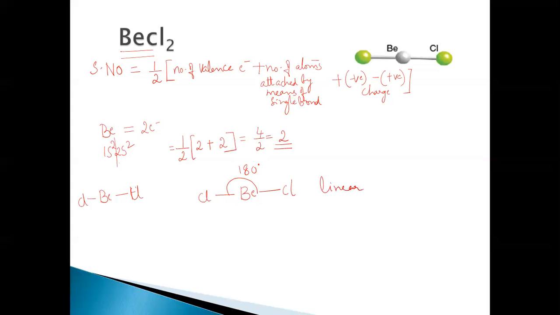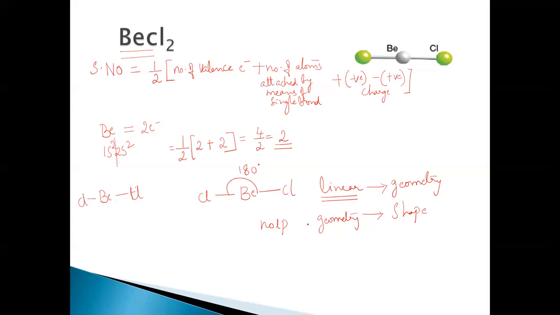Linear here. Now I would like to give a basic difference. What is the geometry and what is the shape of the molecule? If there are no lone pairs, then the shape of the molecule is nothing but the geometry of the molecule.